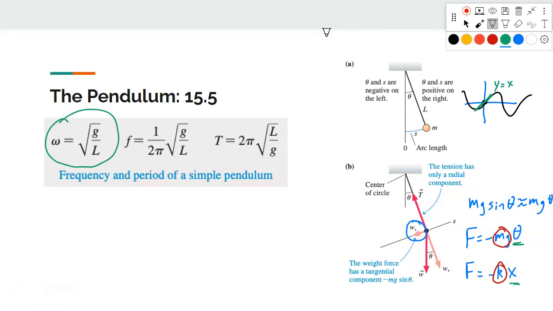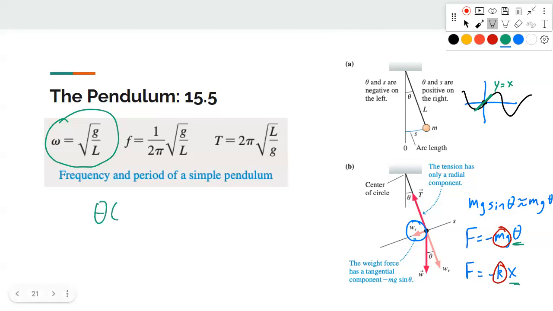The factor of L comes from the amplitude, basically, of the system when we pull it back. Or alternatively, you can imagine that it comes from needing some conversion between angle and length, so we need some L factor. In any case, for all of the other formulas, we can just use this omega we get for our pendulum and find the frequency and the period just as easily.